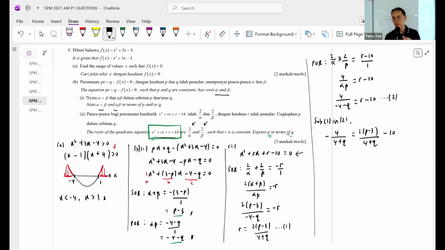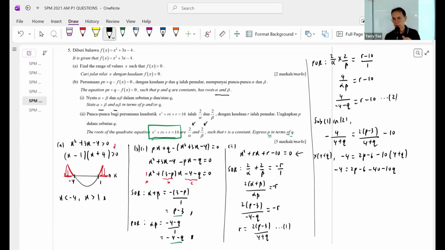Now next, to get rid of the fraction, I multiply everybody by 4 plus Q. So negative 4 equals to the 2P minus 6, I can times inside. Then you must times with 4 plus Q. If you can't do too fast, I do a bit slower here. I put a bracket for you. You understand, everybody? I multiply everything by 4 plus Q. So minus 4 equals to 2P minus 6 minus 40 minus 10Q.